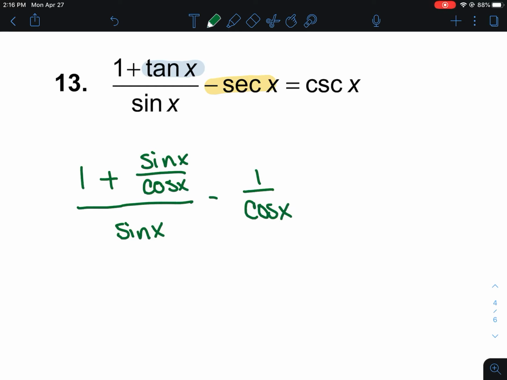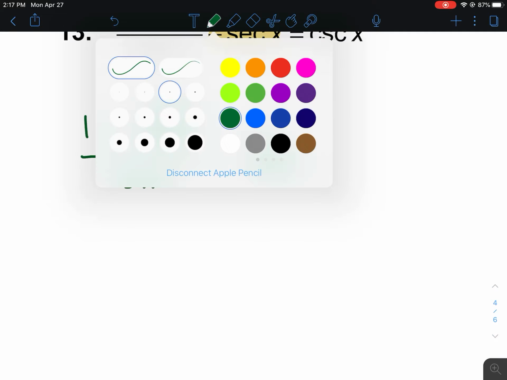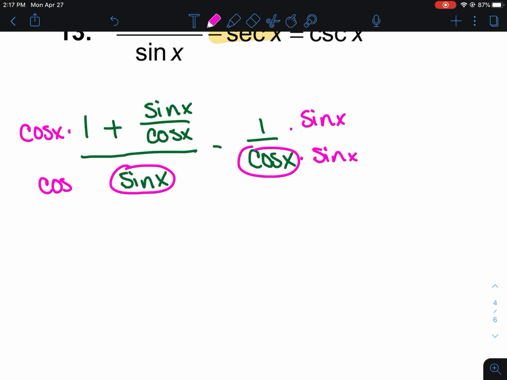Okay. Unfortunately, one is sine x, one is cosine x in the denominator, so I can't add those together unless I get common denominators. So since this has sine x, this needs sine x, and I'm going to multiply the top and the bottom. Since this has cosine x, I'm going to multiply the top and the bottom.